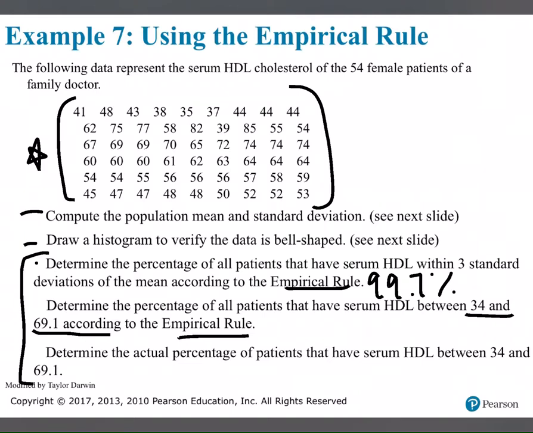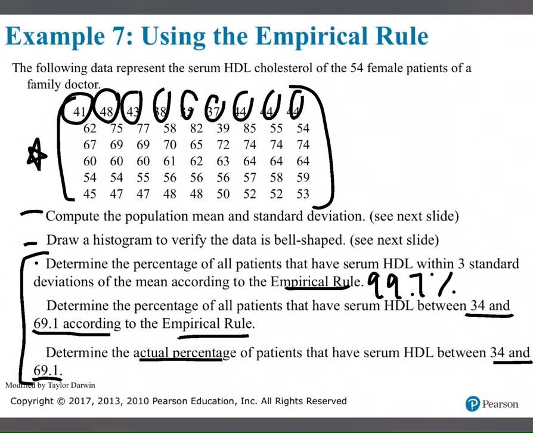But if I want to know the actual percentage of patients that have this serum between 34 and 69.1, I'm going to go through and count all of them. So 41's between 34 and 69. That is 2, right? So on, so on, so on. 75's not, so I'm not going to circle that one, right? And I just keep going through these and circling all the ones that are between 34 and 69.1.